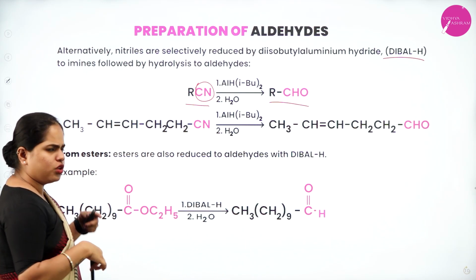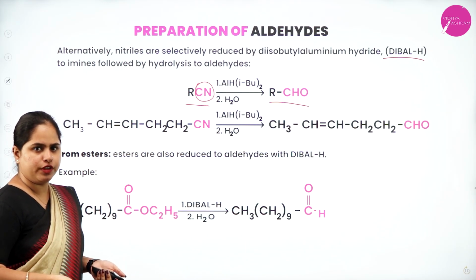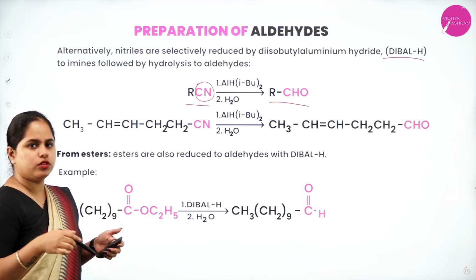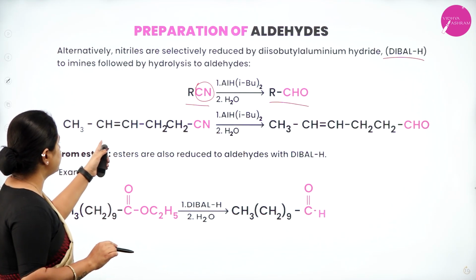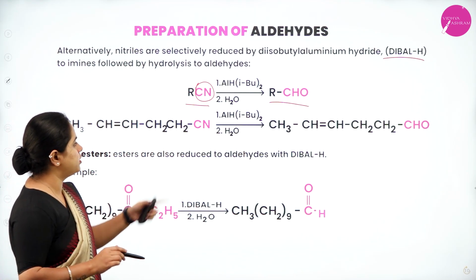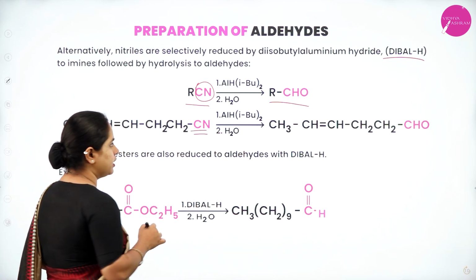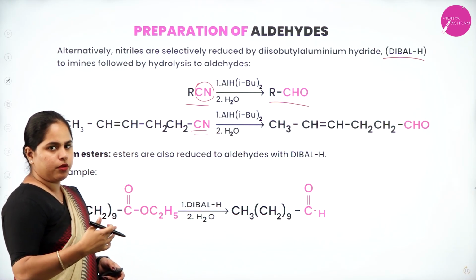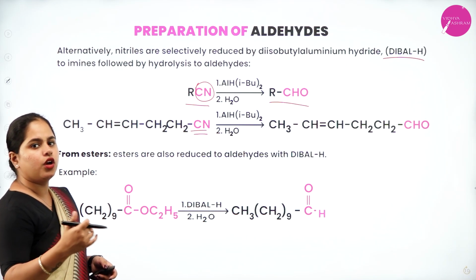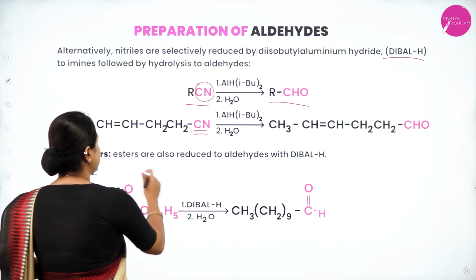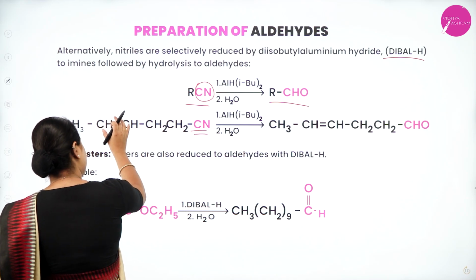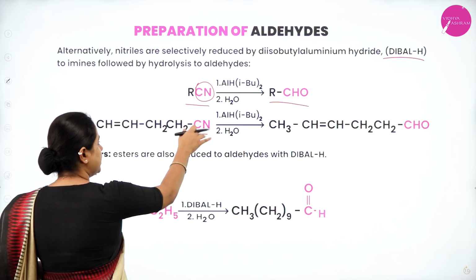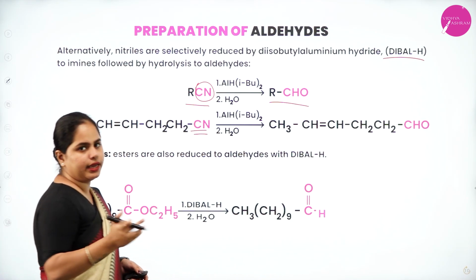Clear? The first step will again be the formation of imine, and then after hydrolysis you will get the aldehyde. So CH3, CH double bond CH, CH2, CH2, CN you are having. Nitrile is present here. In the presence of DIBAL-H, in the first step, imine will be formed. In the second step, hydrolysis, your corresponding aldehyde will be formed. This much part will remain the same. Nothing will happen to the double bond also. CN will change to CHO. You are going to get the aldehyde.